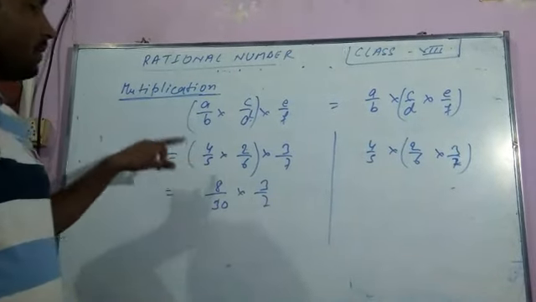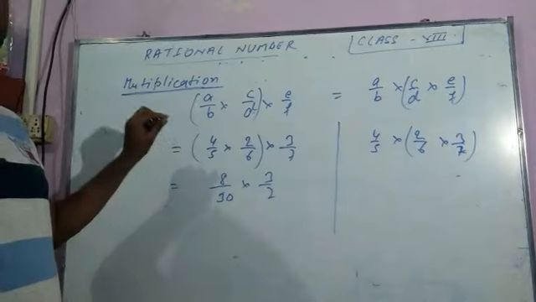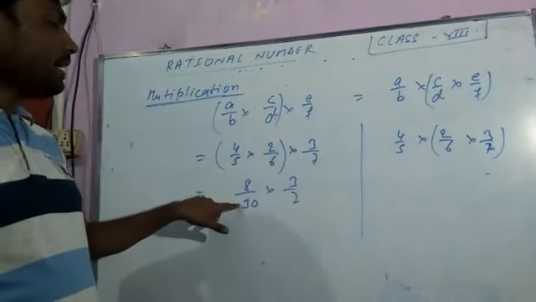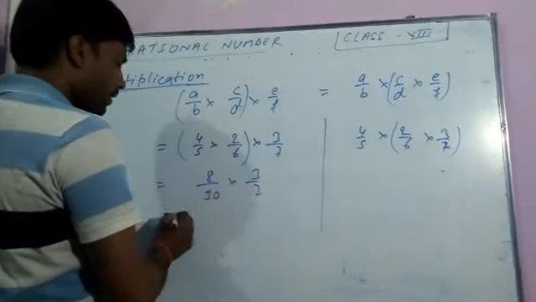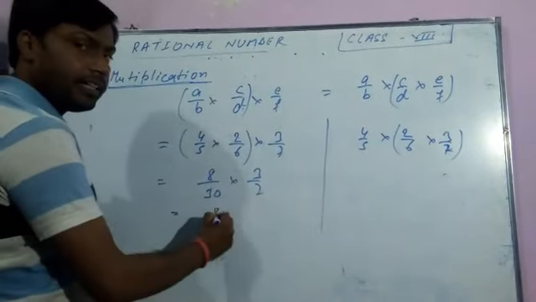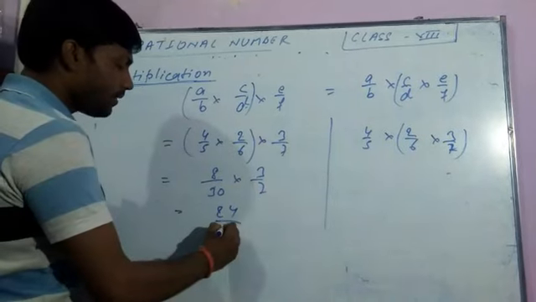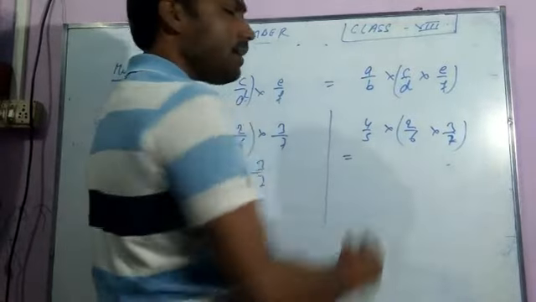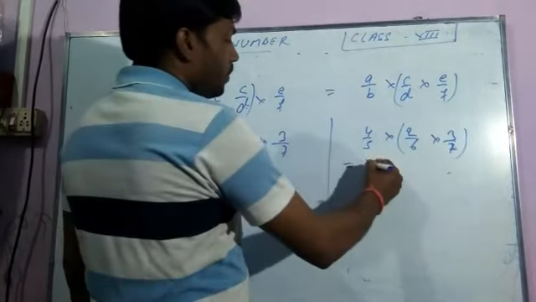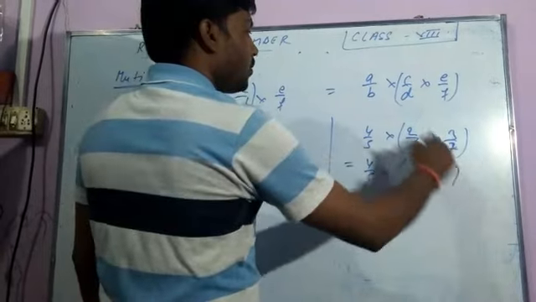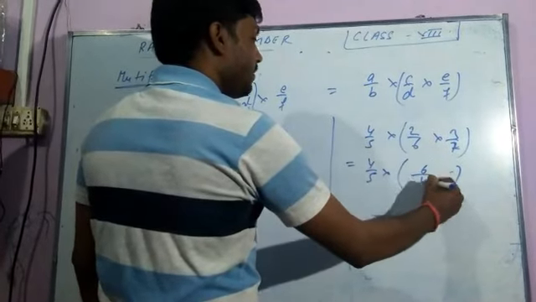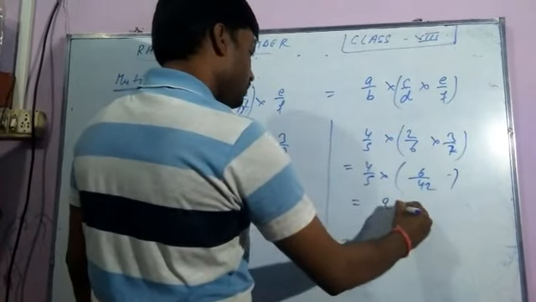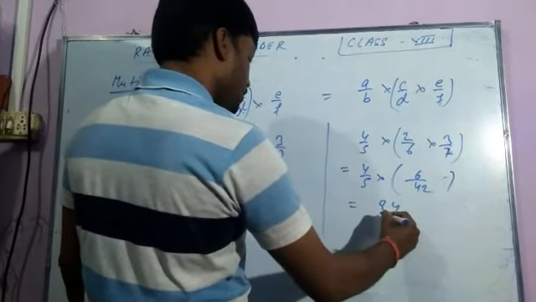It means first of all we solve what is in the bracket. 4 twos are 8 and 5 sixes are 30. Again 8 threes are 24 and 30 sevens are 210. Again we solve the second side. 4/5 into (2 × 3)/(6 × 7). 2 threes are 6, 6 sevens are 42. 4 sixes are 24 and 42 fives are 210.